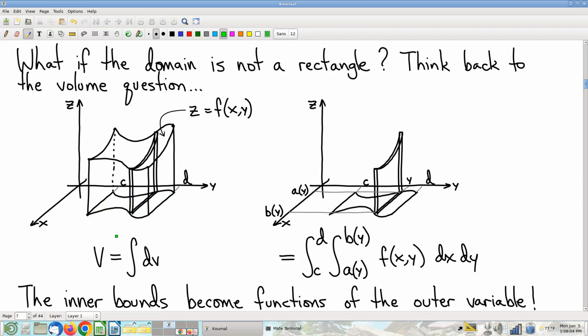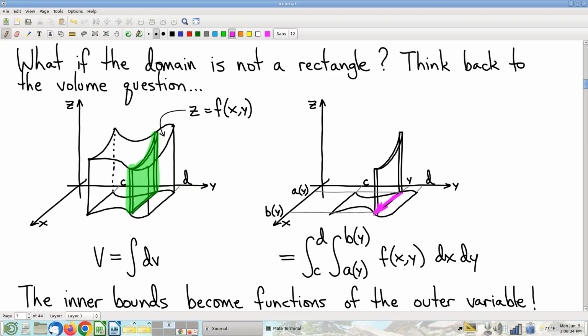I'm going to take an iterated integrals point of view on this because it's a little bit easier to see. But imagine that this is your loaf of bread, right? Just like we did when we were doing volume under a graph the very first time. It's still going to be an integral of cross-sectional areas. Those cross-sectional areas themselves are still integrals in the other direction, right?